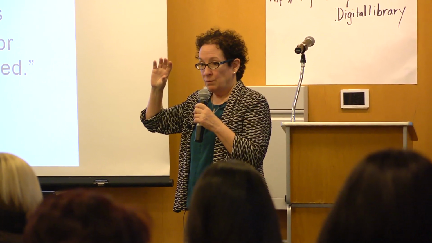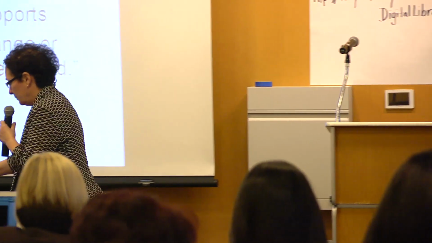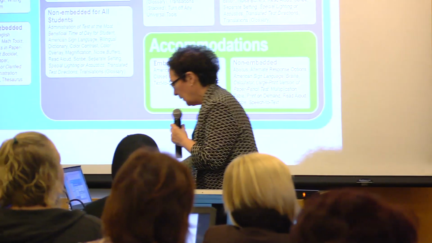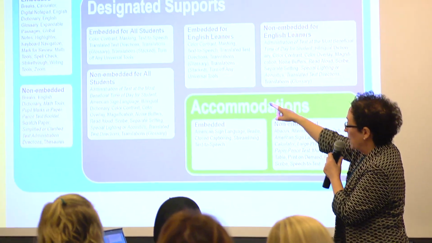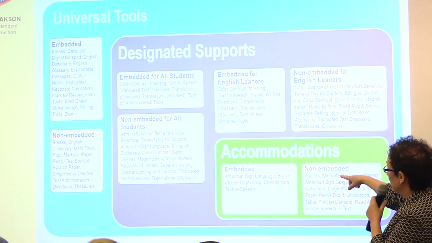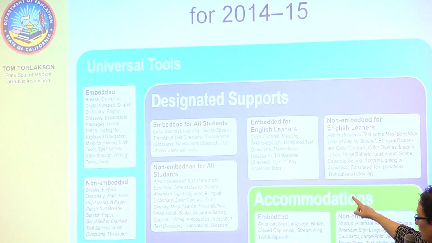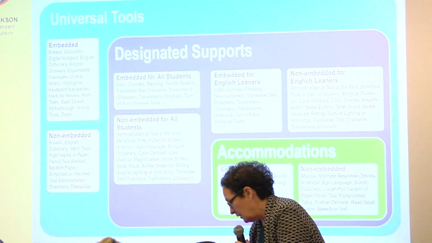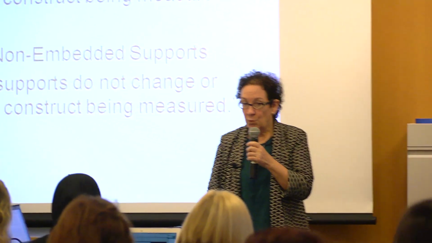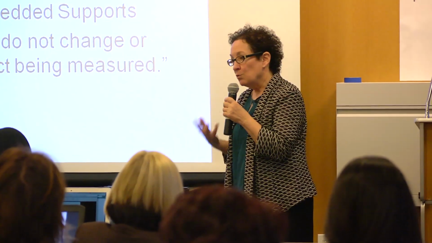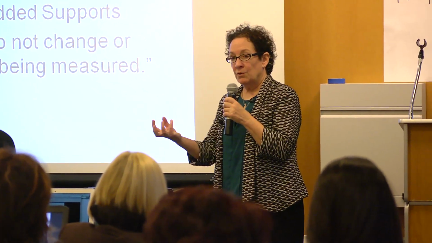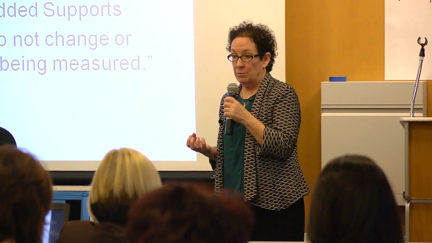Did you remember that from the diagram before? Let me go back. So the embedded breaks, then the embedded for all students, and then the embedded. All of those are covered in Part 1 of the matrix. And what it's pointing out is that these supports don't change the construct. So therefore, those results are valid for accountability purposes.